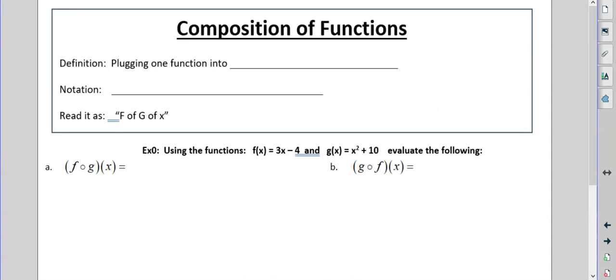Now we're going to talk about composition of functions. That's where we're plugging one function into another. And it can be written like this. Looks like f circle g. Or it can be written like this.